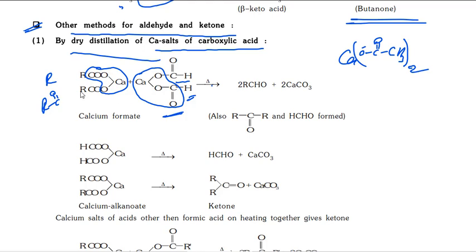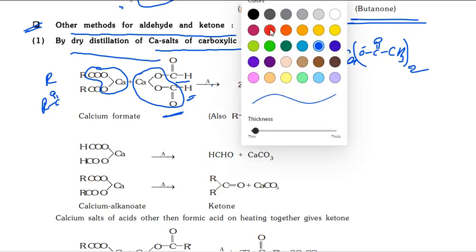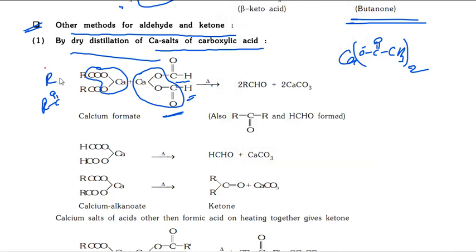Now see how many possibilities there are for compounds to form. Suppose this R and this C double bond OH is there. This is forming R C double bond OH. This R C double bond O and H is there. Obviously again it is forming R C double bond OH.